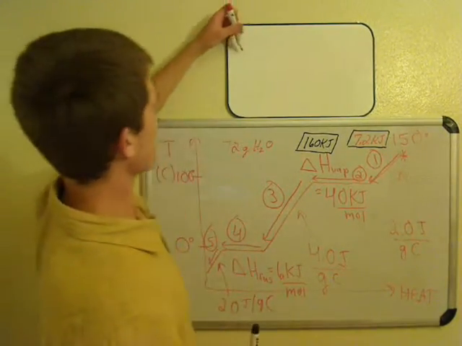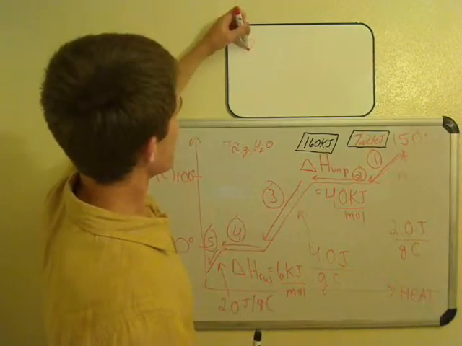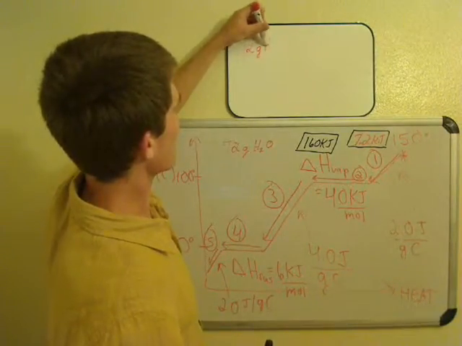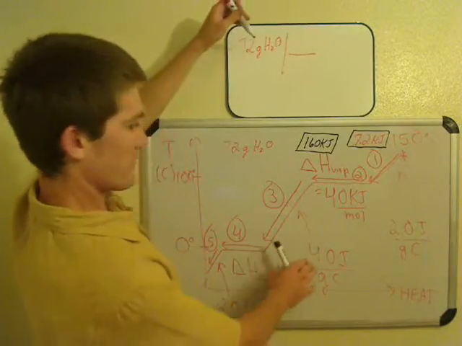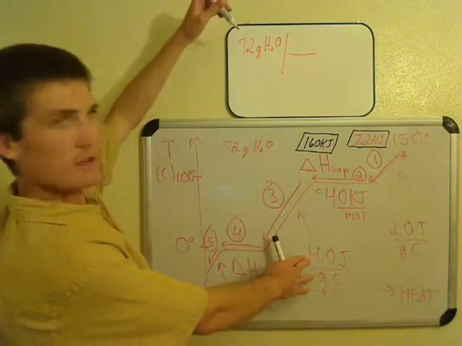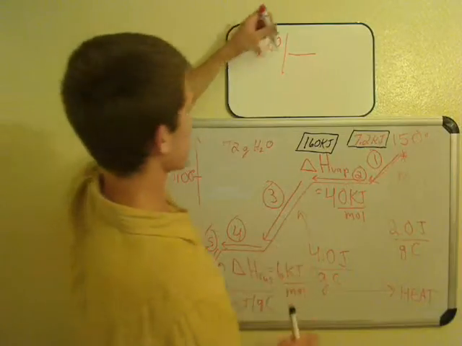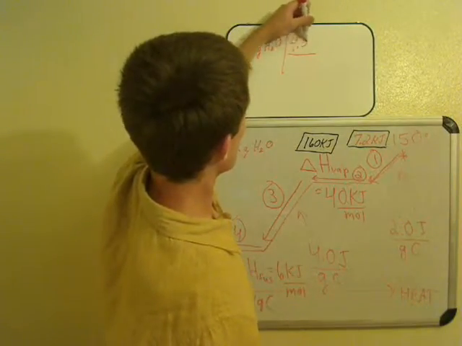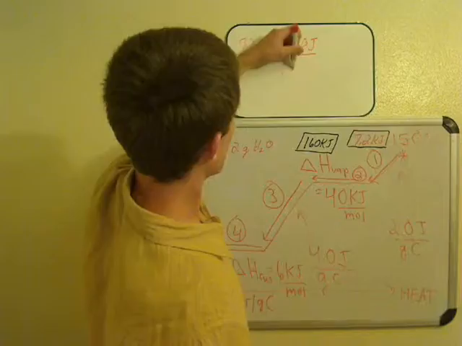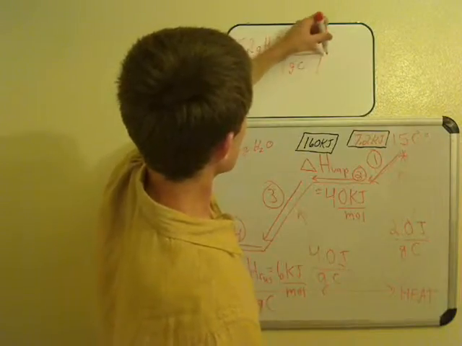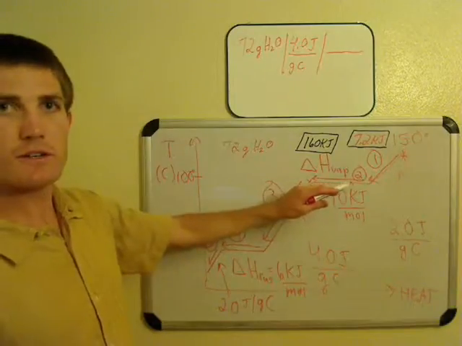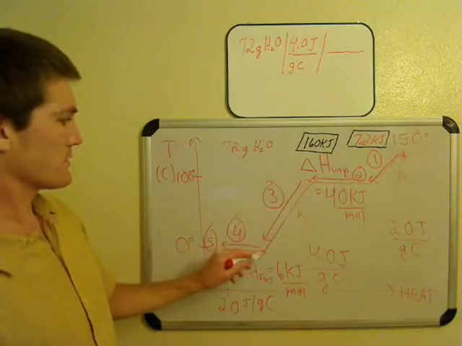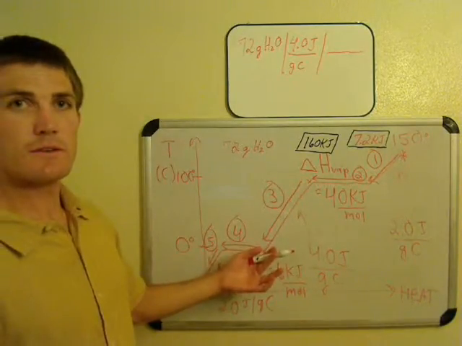In this case, again, 72 grams of water, multiplied by our heat capacity, 4 joules per gram Celsius. And here we're starting at 100 degrees Celsius and going to 0 degrees Celsius.